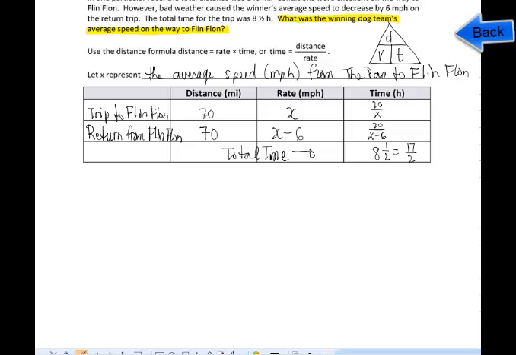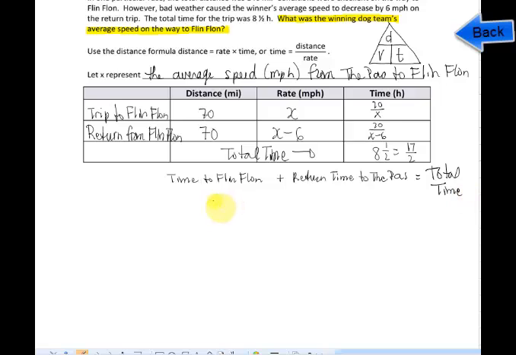Okay, so how can we determine our equation? Well, we know that if we were to add the time to Flin Flon to the return time to the pass, we would get total time.